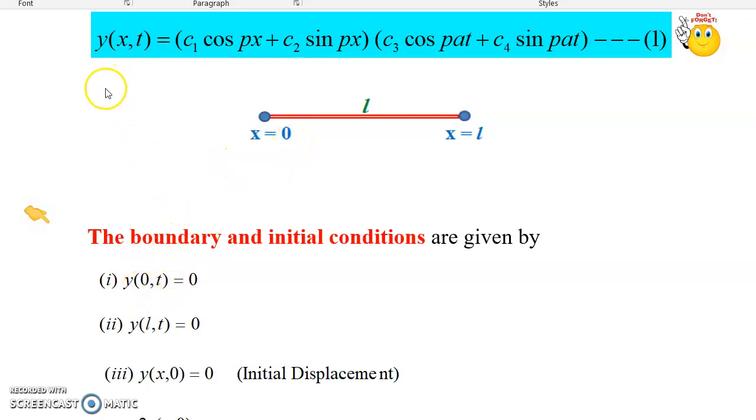Remember, y is a function of x and t. So when x is 0, there is no displacement, so we have y(0,t) = 0. Similarly, when x is L, at the other end of the string also, there is no displacement. So y is 0 when x = L. That's why you have the second condition, y(L,t) = 0.